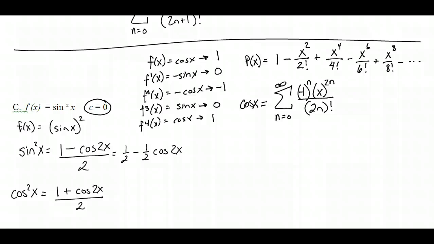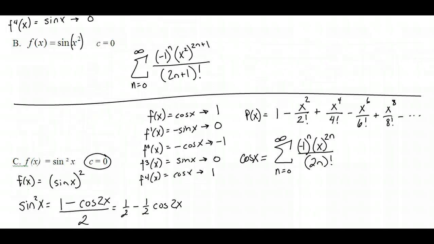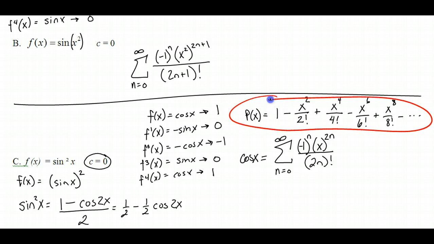You will honestly want to know the difference between sine and cosine and at least start with your polynomial. I can't say I have the power series memorized, but I do have the polynomial memorized. For our polynomials, I know cosine is an even function. This technically is x to the power of 0 divided by 0 factorial, so that makes it even.